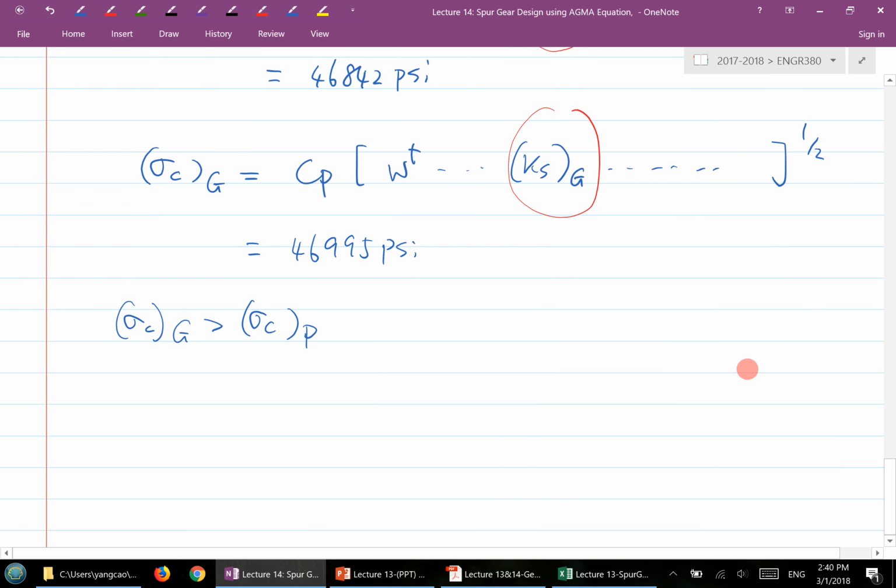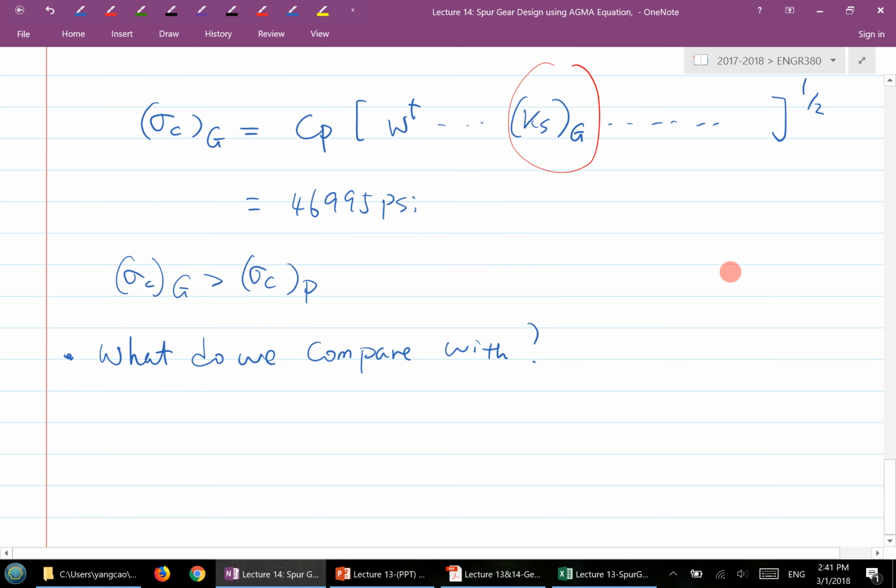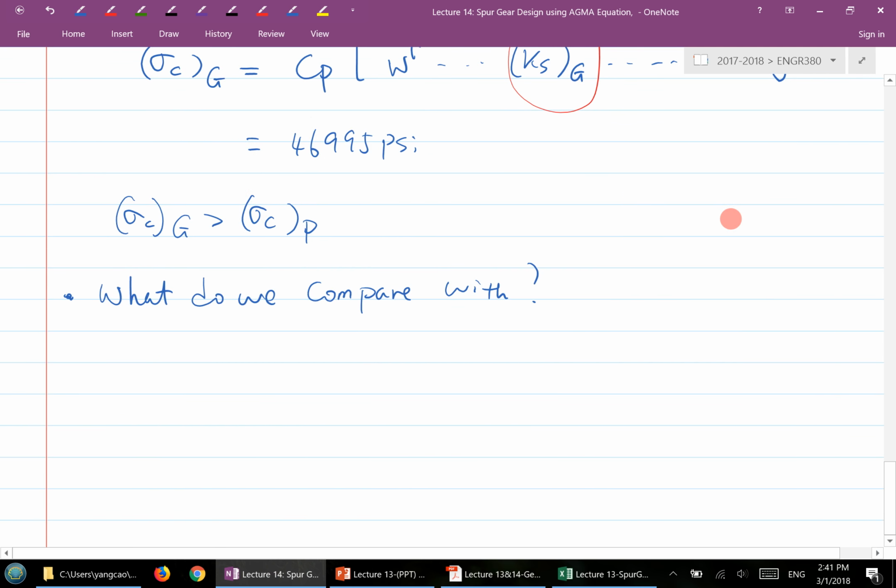Once you find the stress, the next question is, what do we want to compare it to? You have to compare the stress with a certain strength value to make sure it's safe. So that's the next stage. What do we compare with? The so-called strength value.